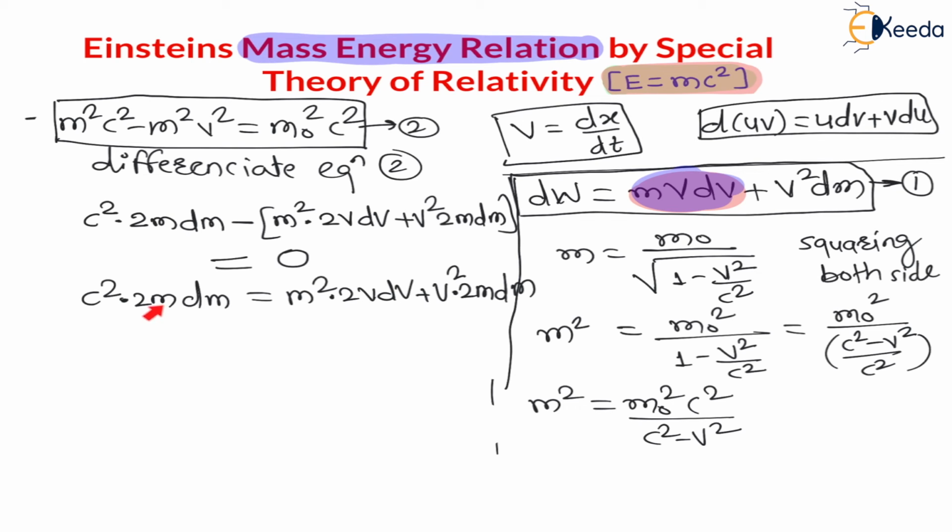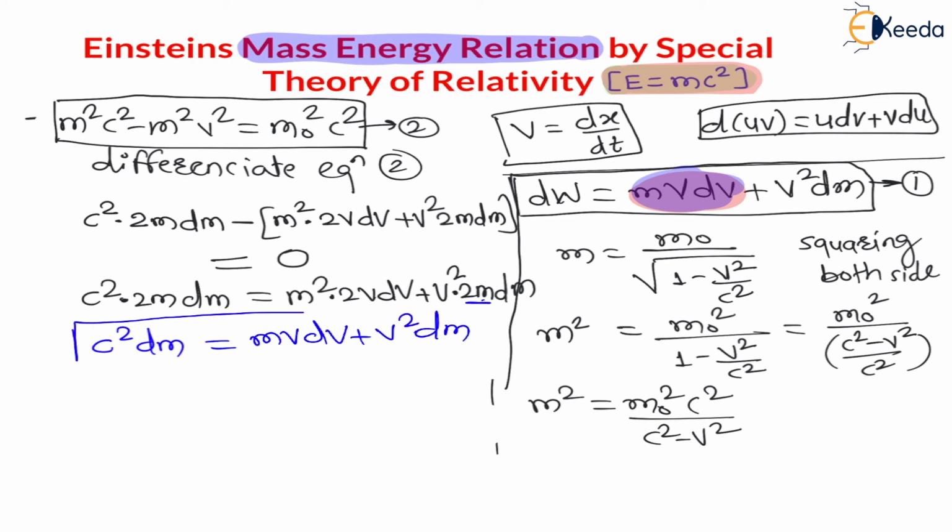Now again see here 2M, there is also 2M, there is also 2M. If I divide both sides by 2M, then the equation will become C square dm is equal to, one M will get cancelled, therefore it will remain mv dv plus, this 2M will cancel, V square dm, right?